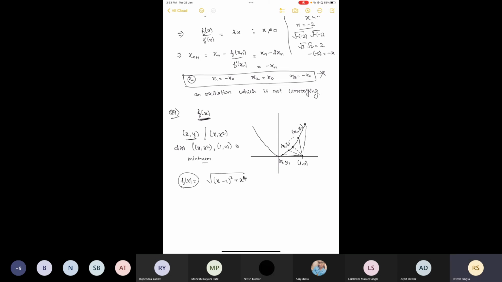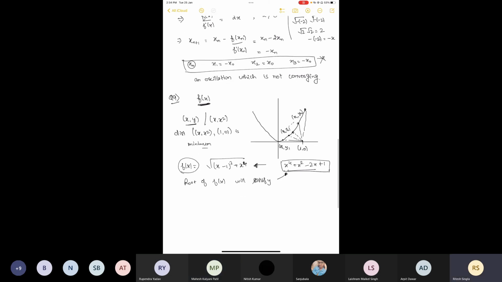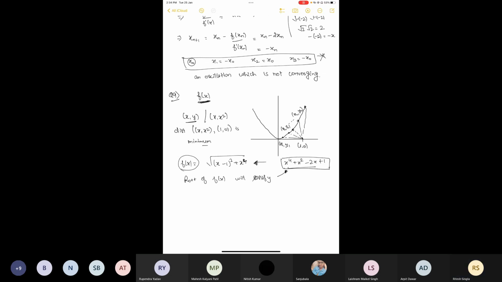If I apply Newton's method over here, it will give me some x satisfying this equation, or I can say some x which is satisfying x4 plus x square minus 2x plus 1, root of f of x. Correct, right? Yes, sir. Does this answer our question? Our question is asking me to find that x such that this becomes minimum.